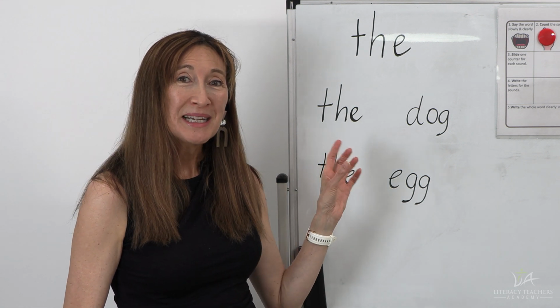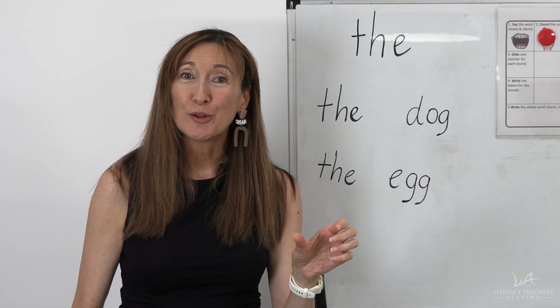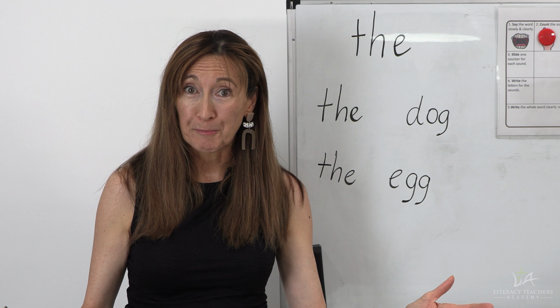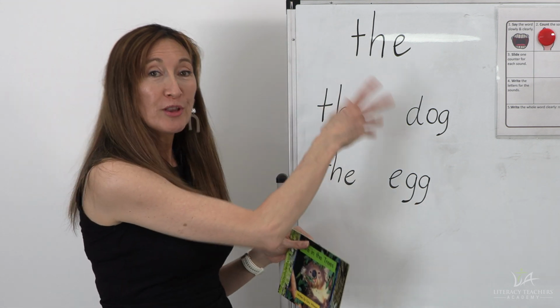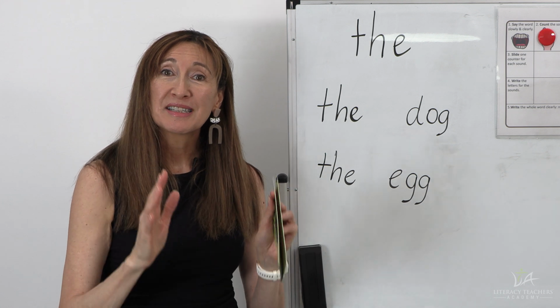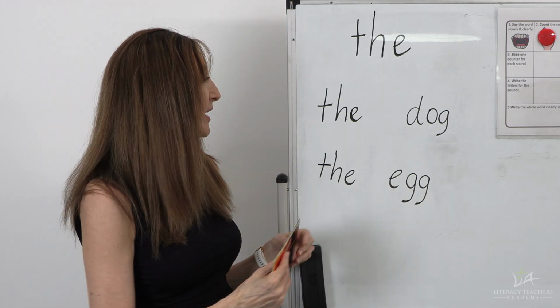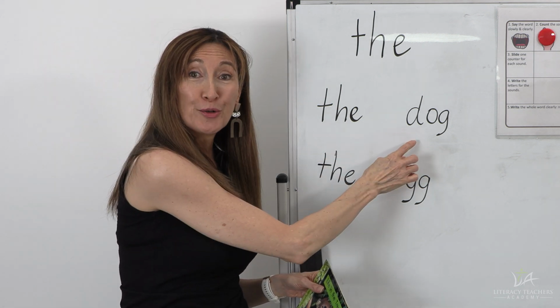So parents, it's really important when you are looking at the speech sounds in the word that you put that word into the context of talking. So if you say the word in a sentence, listen to the sounds in the word as you say it. Where is the dog?